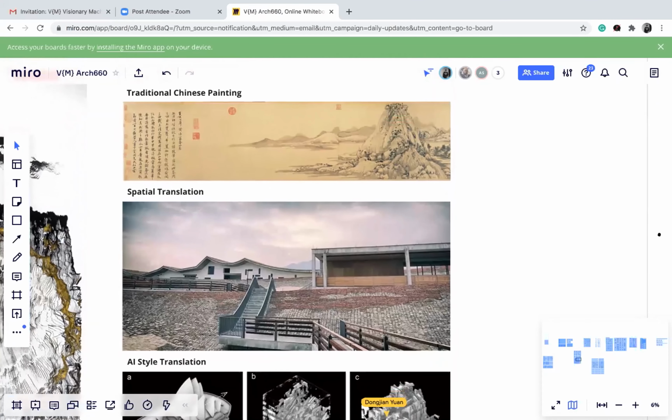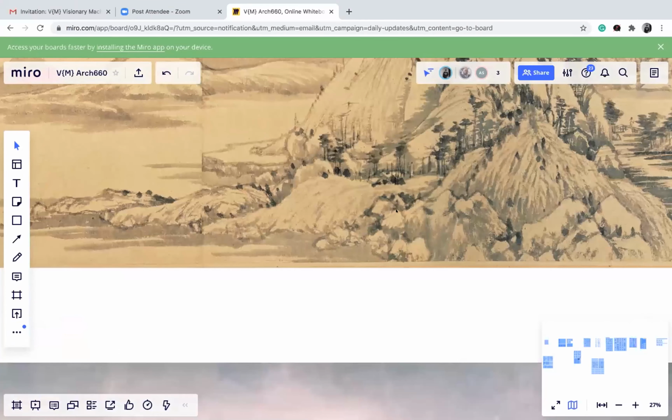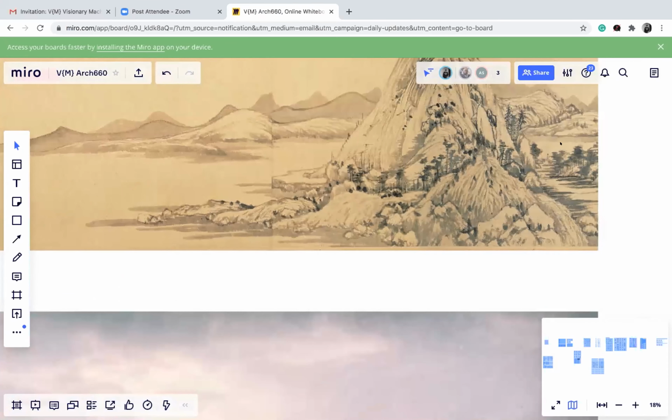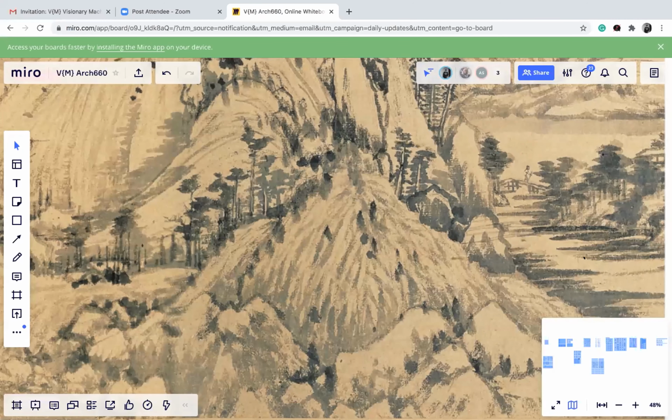So actually the Chinese painting is kind of a 2D way to express the 3D dimension. It is different from the sketch or the oil painting. It's a little bit like the forest or the little bridge here to see the depth of the space.